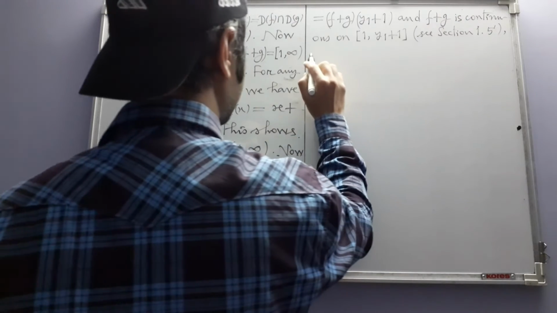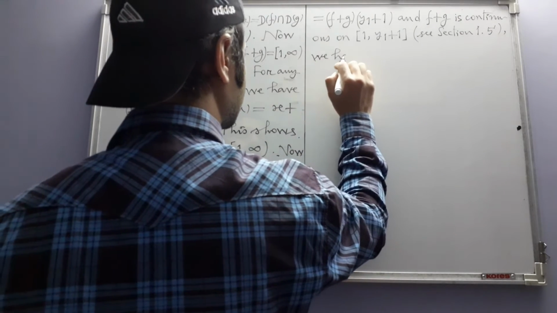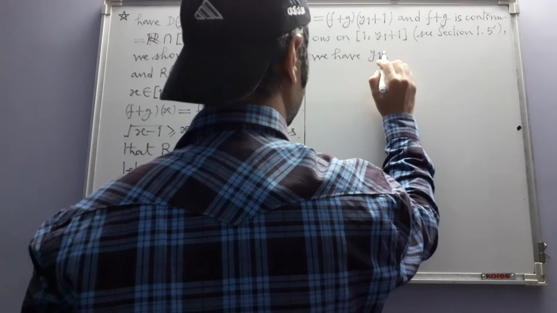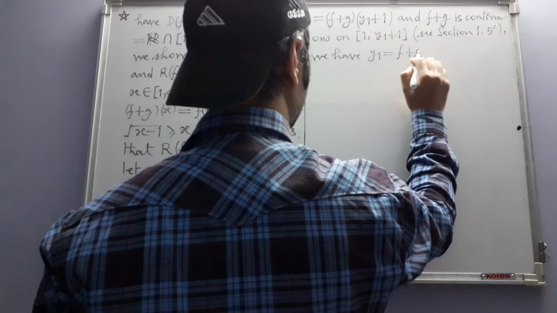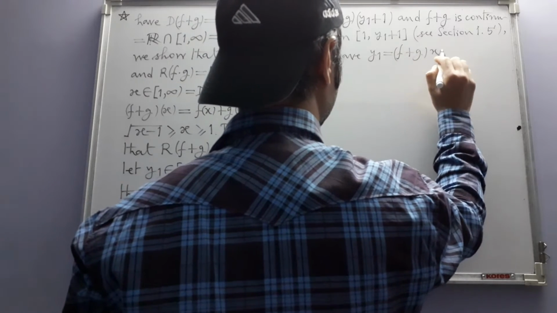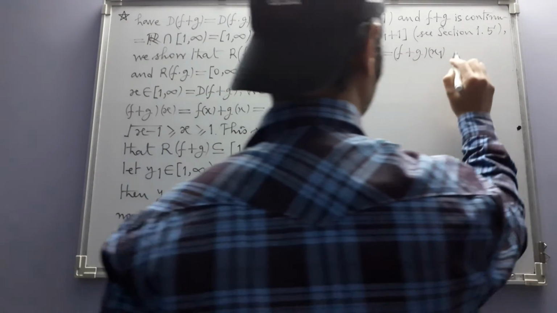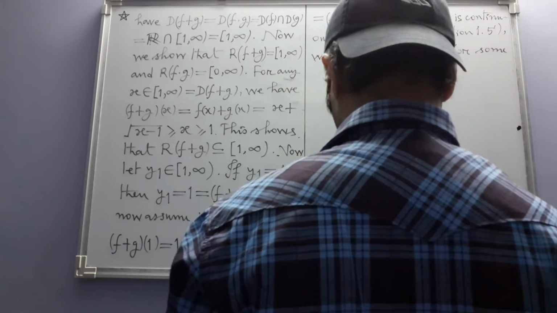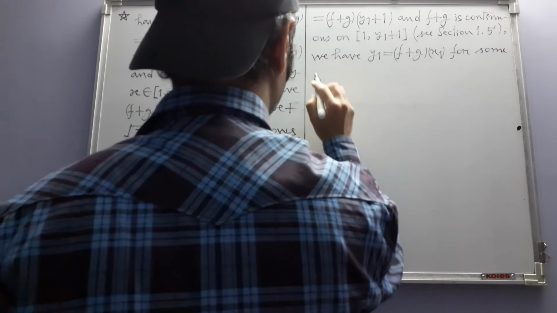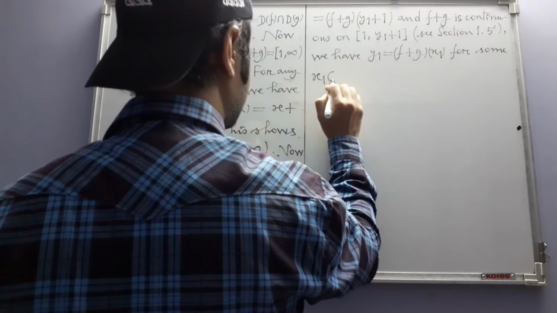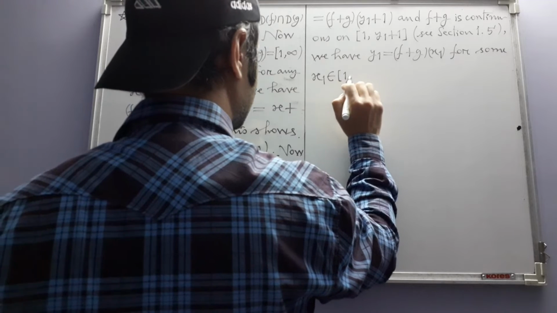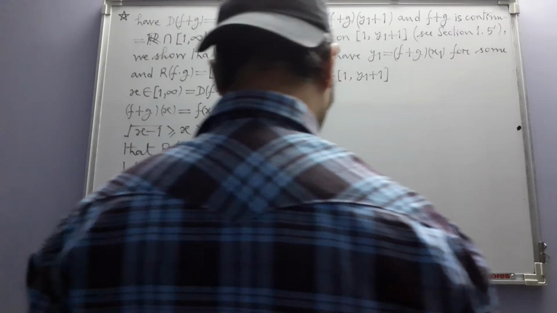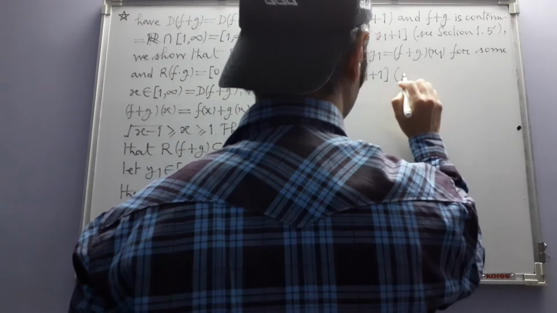We have y1 is equal to f plus g of x1 for some x1 belonging to this interval, by the intermediate value theorem.